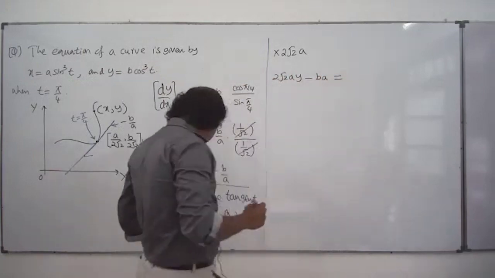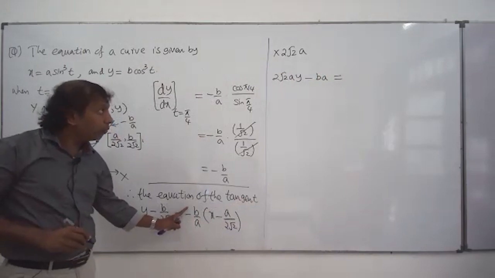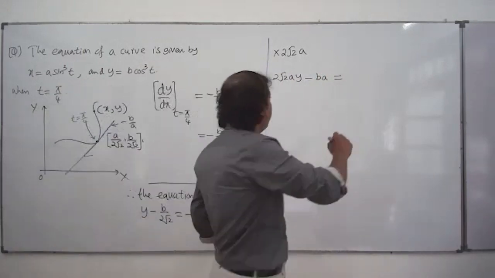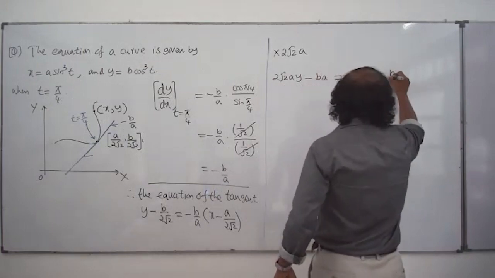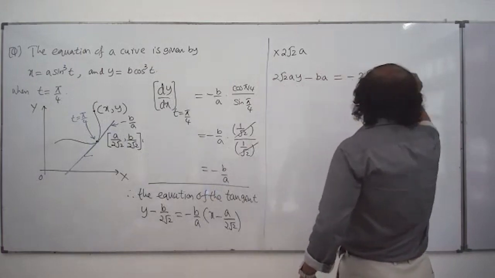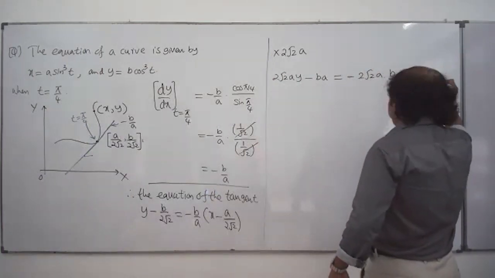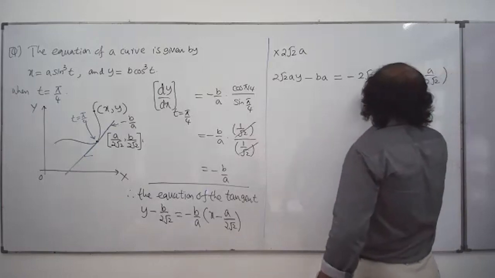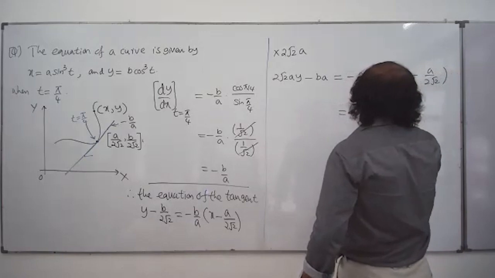On the right hand side, when I write here 2 root 2a, what happens? Minus sign is there. 2 root 2a when you write b upon a here, x minus a over 2 root 2. Right. This a and this a you can cancel down. Multiply by this bracket.